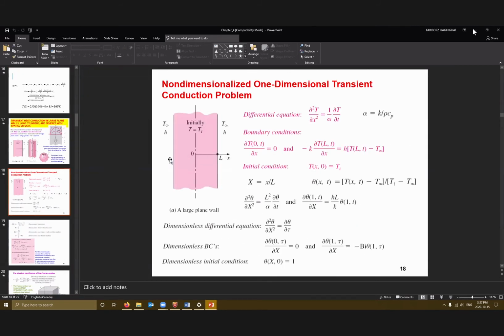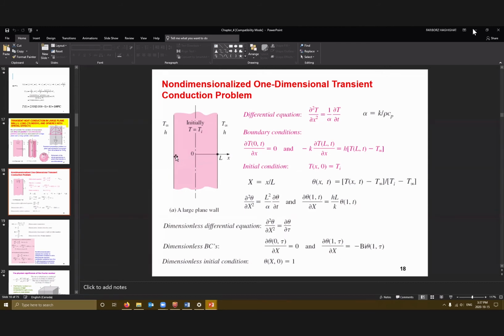Now, this problem tells us we have a block of ice, and at one side there is no heat transfer. Therefore, I cannot use this solution directly. What I can do is assume that my ice, rather than, let's say, 5 or 6 centimeters, is 10 centimeters, with no heat transfer at this point.